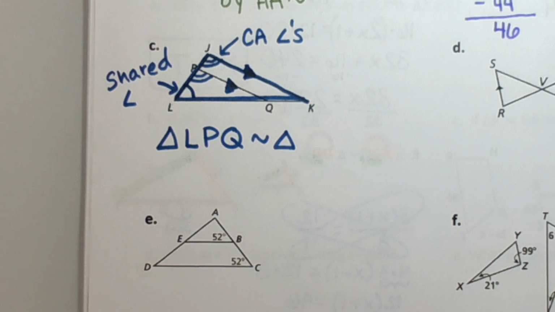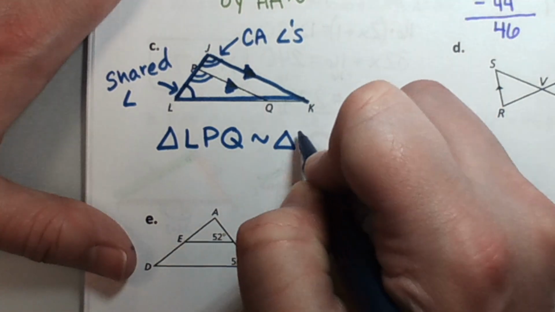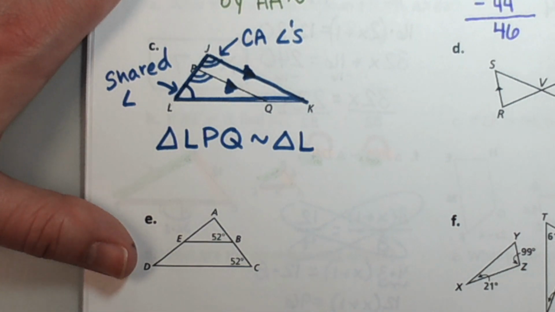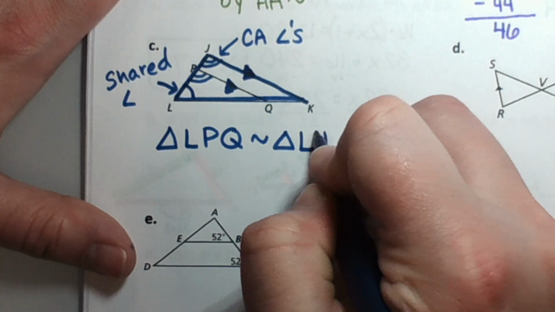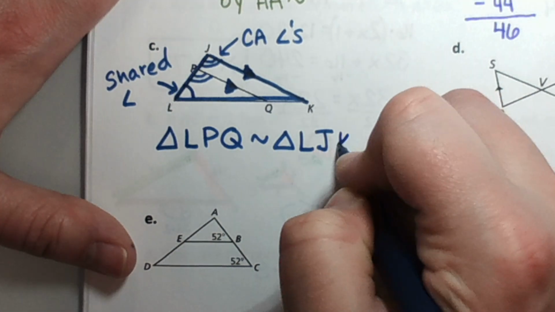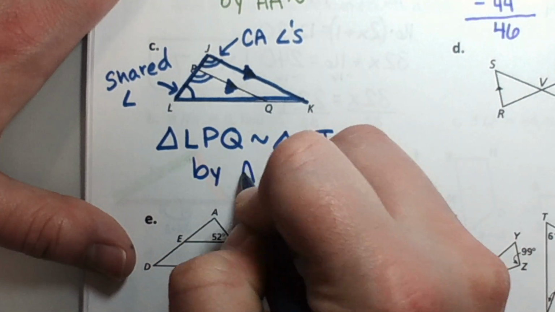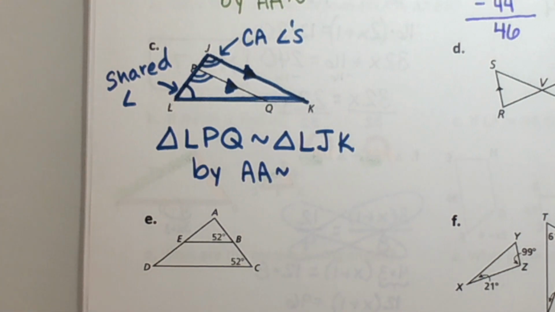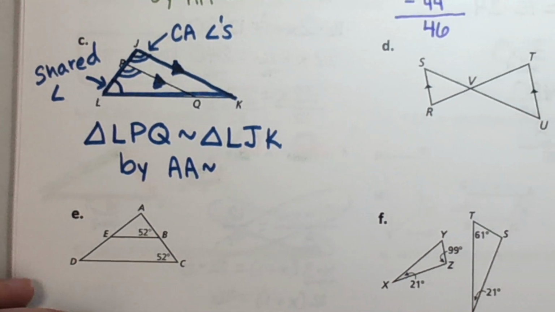What letter do I have to start with? L, because that's the shared angle. I went to P next. P was the double marked angle, so now I have to go to J. And the third angle of the big triangle is K. I know that by angle similarity. Okay.